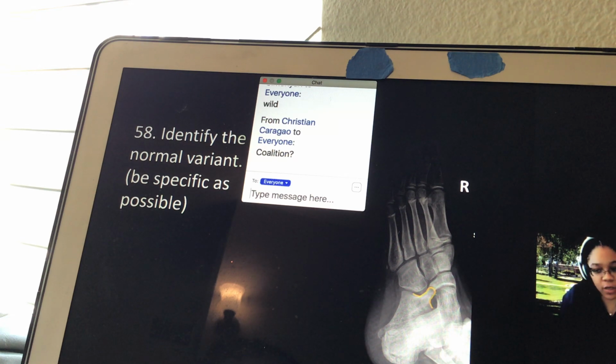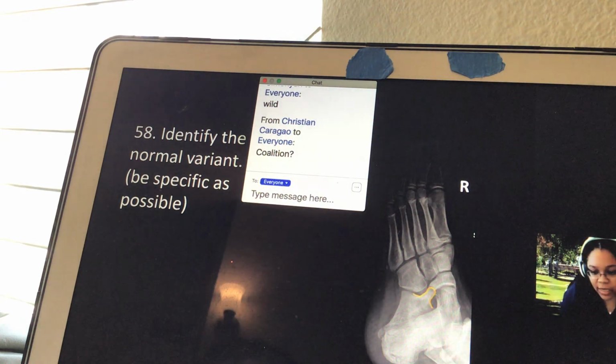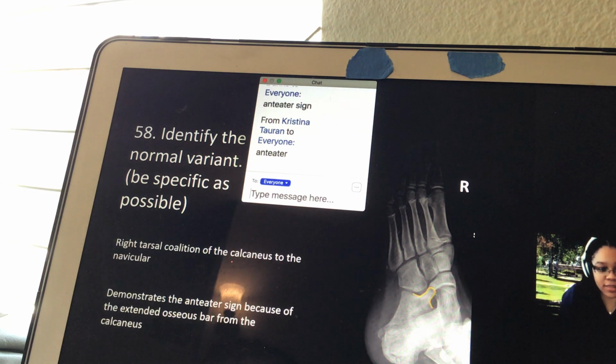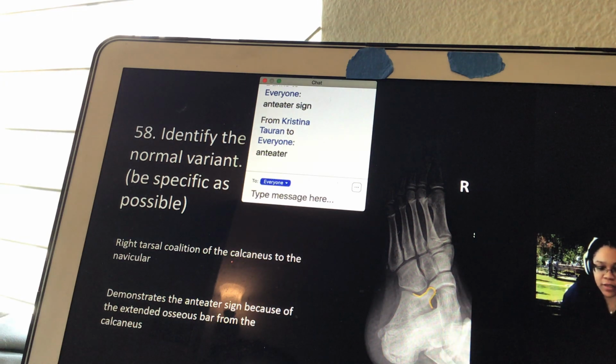We have this going on between the calcaneus and the navicular. It's a coalition. Do you remember what that sign is called? You see that anterior process is a little more elongated. Yeah, so you're seeing an anteater sign. So calcaneonavicular coalition, anteater sign.